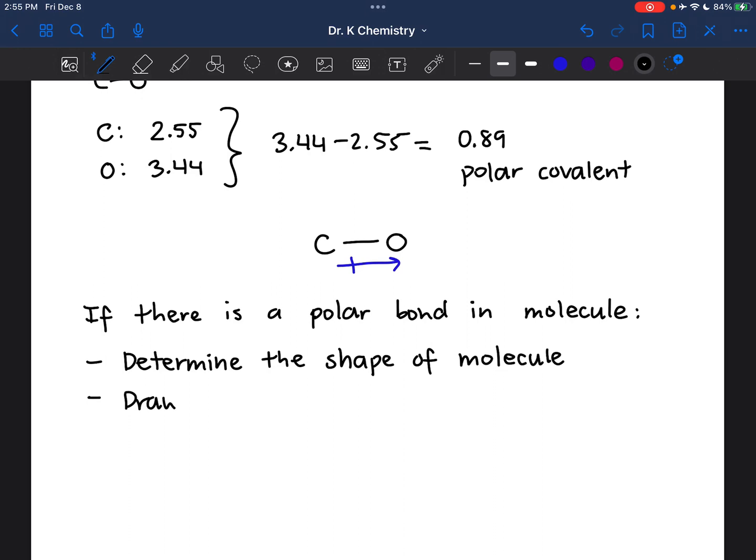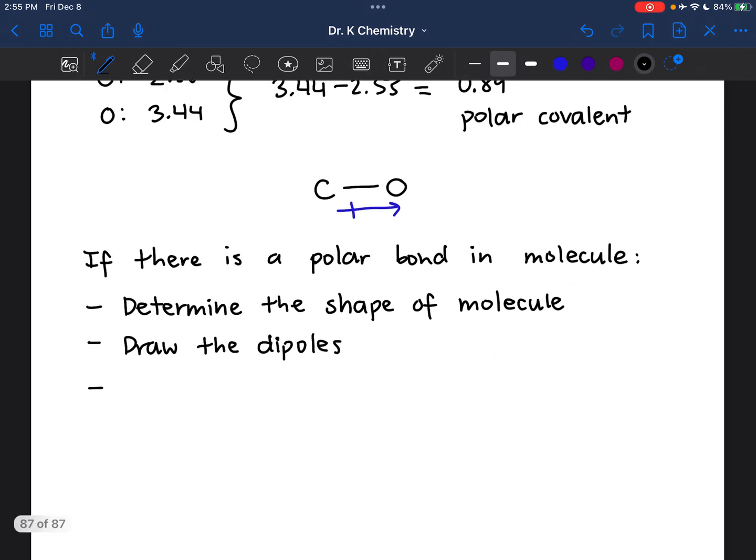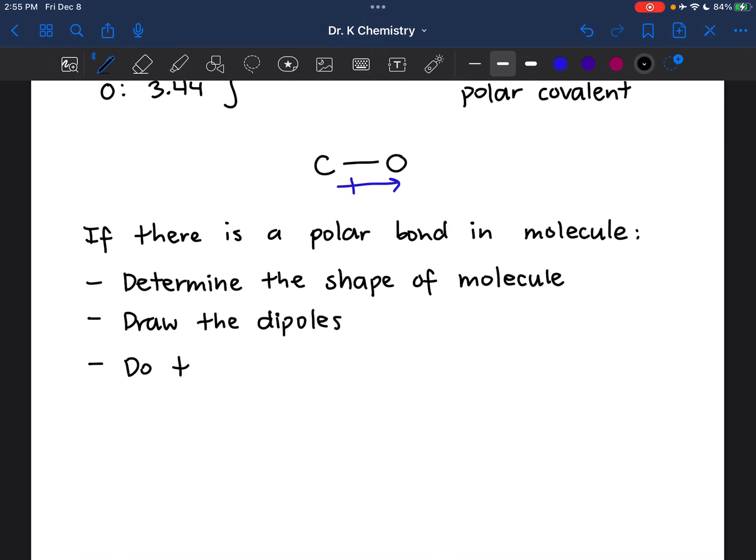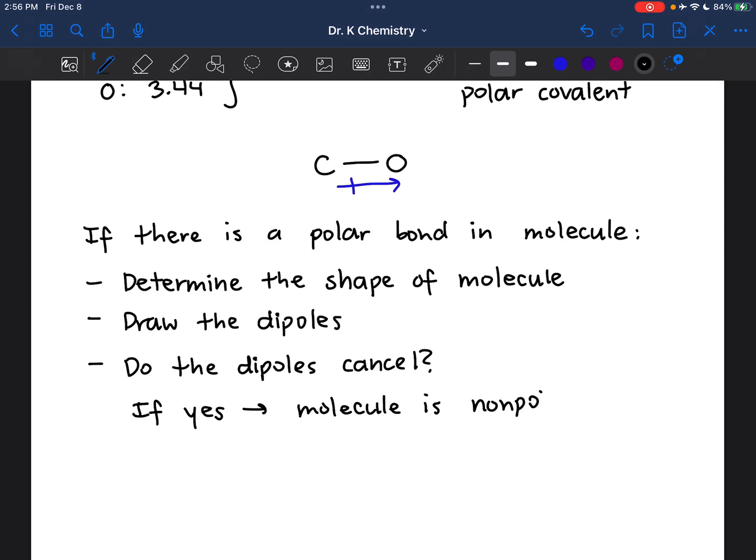You will need to draw the dipoles and determine whether the dipoles cancel. So do the dipoles cancel? If they do cancel, then the molecule is nonpolar. If the dipoles do not cancel, then the molecule is polar.